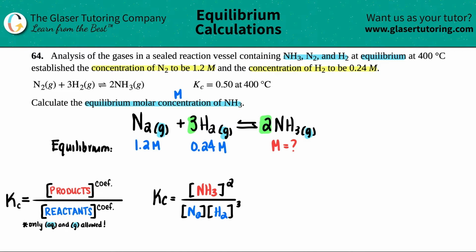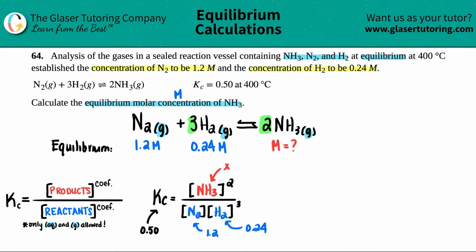Now we have the specific equation. Let's plug in our numbers. In this case, we're solving for the NH3. We don't know what this is, so maybe I'll call it the x value. What else do we got? Well, we know that N2 was 1.2 and the H2 is 0.24, and they gave me the Kc value. The Kc is 0.5. I know everything else except for the NH3.